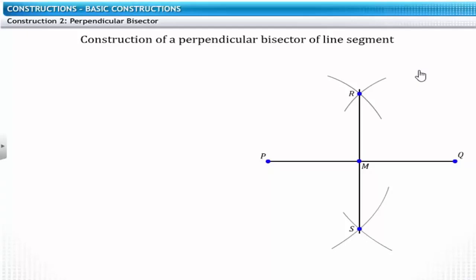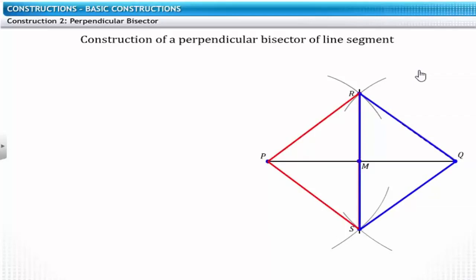Now, let's join the points P, Q, R, and S. Now, let's join PR, PS, and QR, QS. Two triangles RPS and RQS are formed.